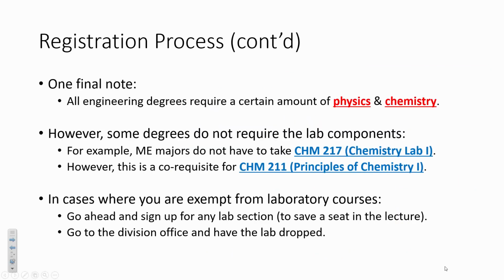What this student was talking about was physics and chemistry, so I want to make a particular note of that. There are some courses that are called co-requisites, and so I want to explain the difference between a prerequisite and a co-requisite. Okay? A prerequisite is, let's say you're trying to take Calculus 2. Well, you can't take Calculus 2 unless you've already had Calculus 1. Okay?